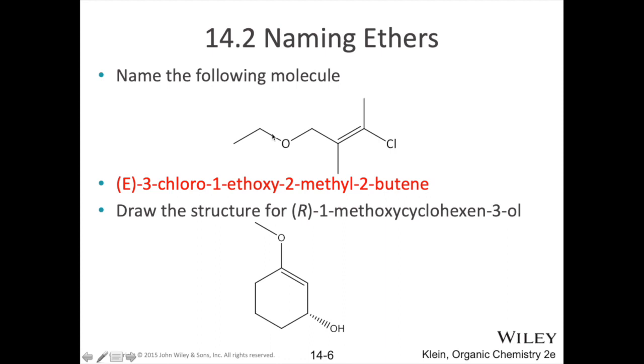That being said, if we want to assign priorities, the chlorine has a higher priority compared to this methyl group, and out of these 2 carbons, this carbon has an oxygen connected to it, so that gives it a higher priority compared to this one, which has only hydrogens. And so the 2 high priority groups are across from each other, so that's the E designation that they've used here. Though again, like I said, trans would probably have been just as appropriate here, probably more appropriate.